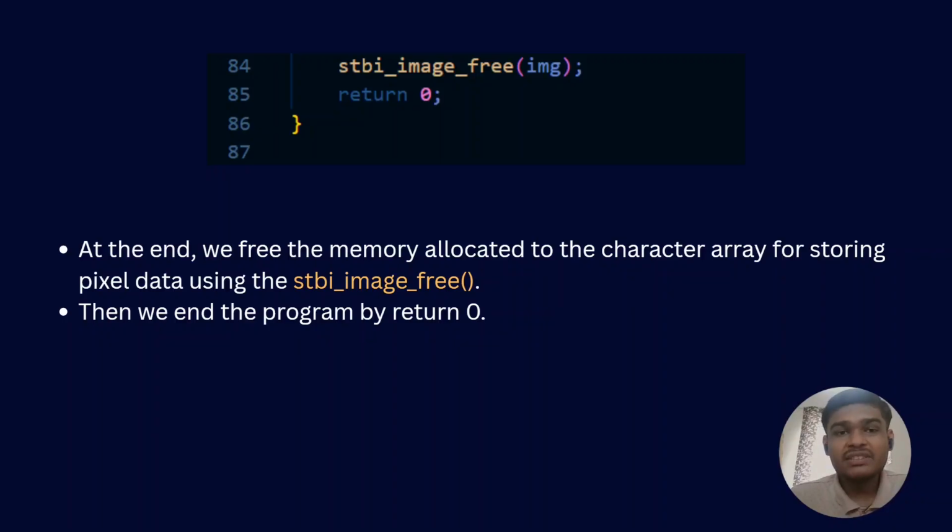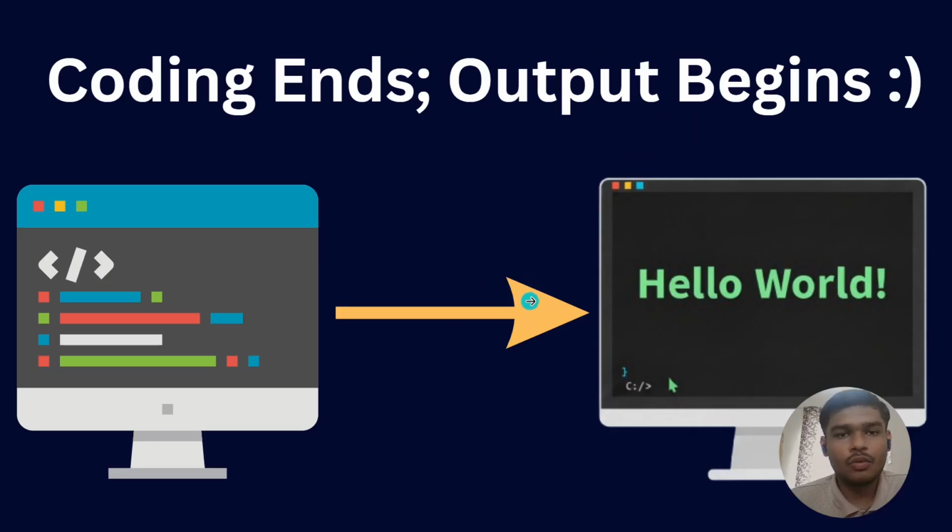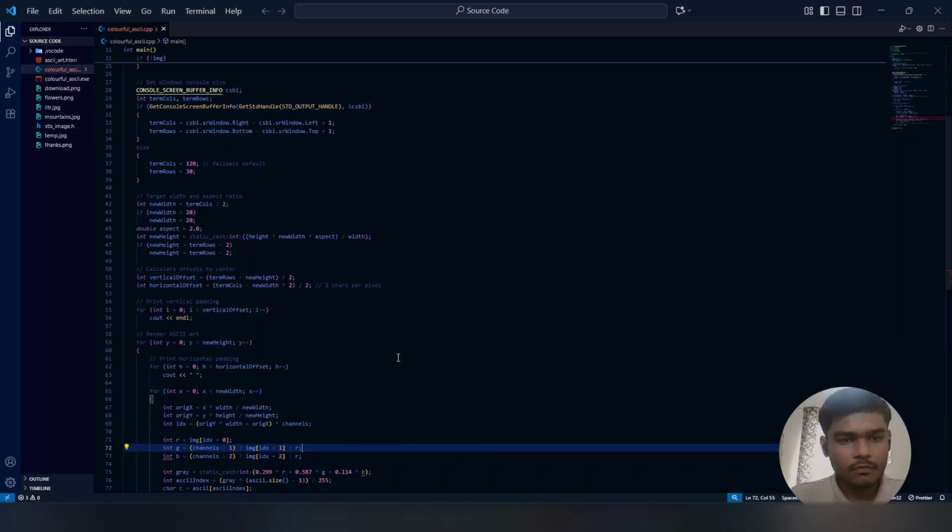If we don't do this, then there will be memory leaks and the program will end up in something random. So we need to free the memory, and for this we call this function. Now we need to end the program by simply calling return 0. Now here our coding part ends and now the output part begins.